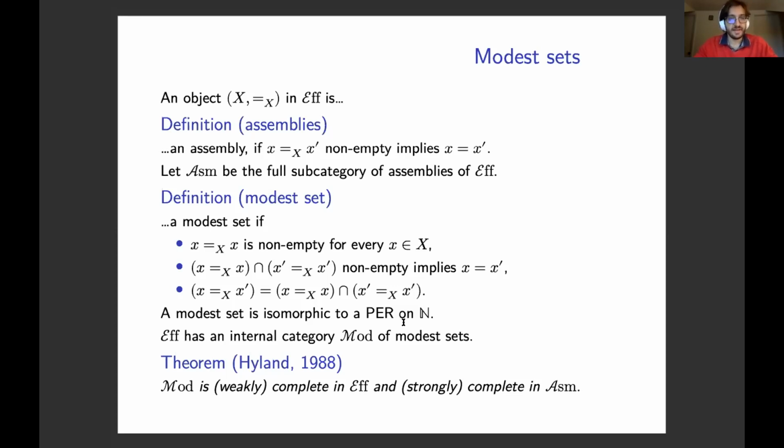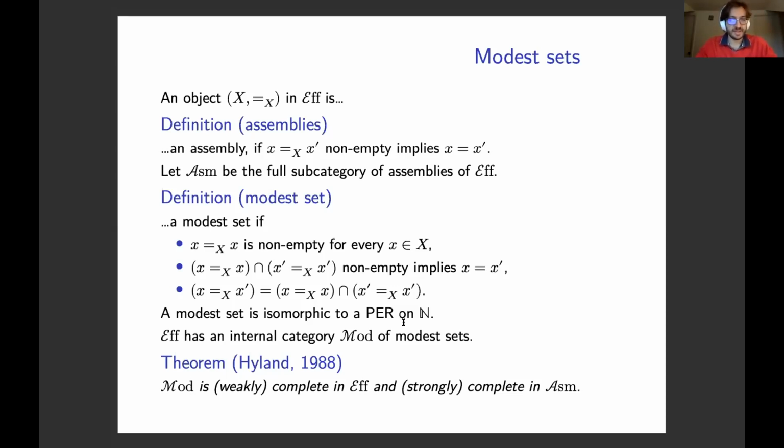This means that we can construct, internally to the effective topos, a category of model sets. So we both have a subcategory of the effective topos that is given by model sets, but we also have an internal category in the effective topos representing model sets.